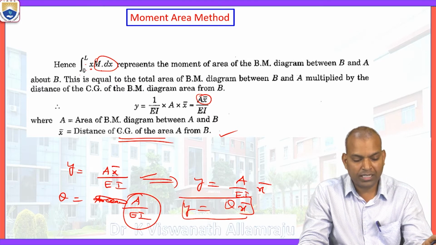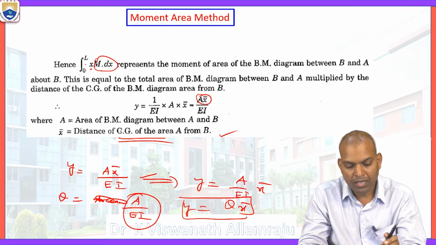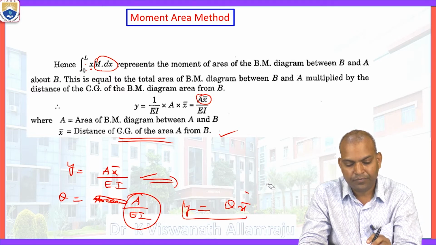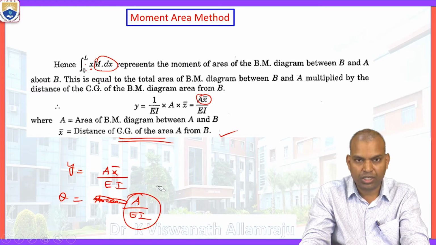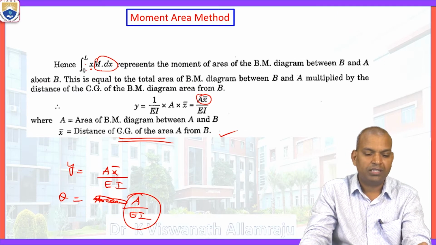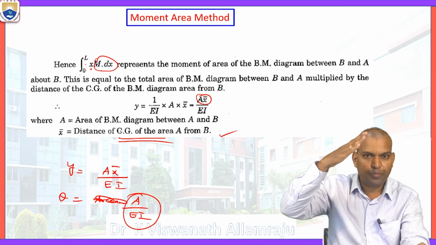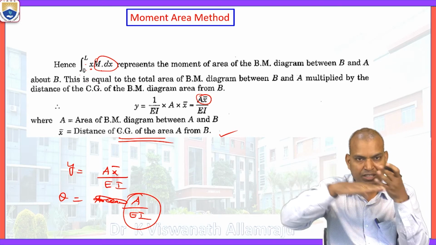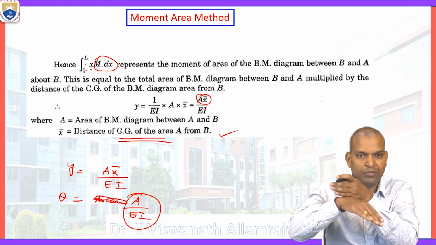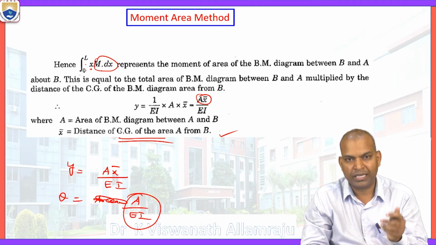Now, if you want to understand, the deflection involves the slope. That's why slope is part of the deflection. Otherwise, how would we find whether the deflection is maximum, minimum or zero?